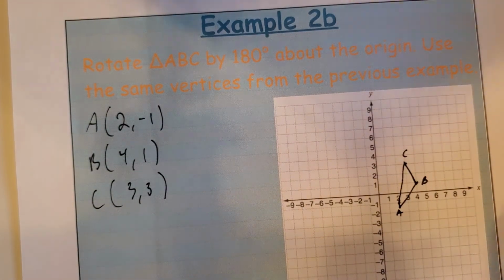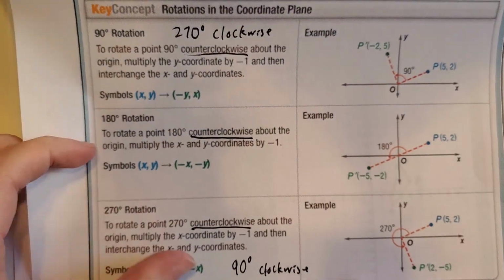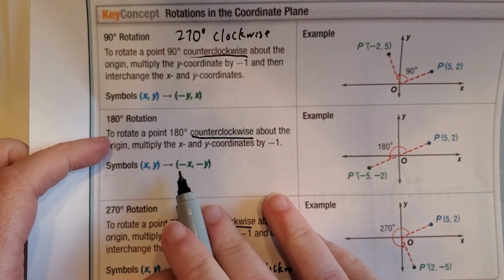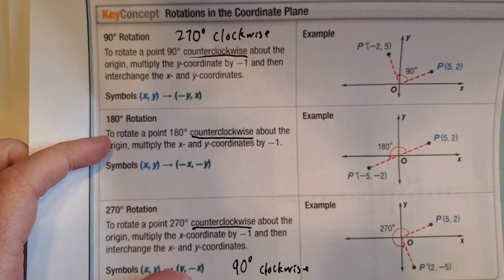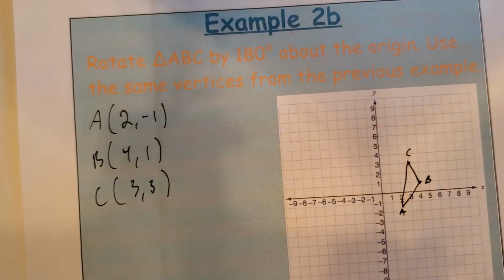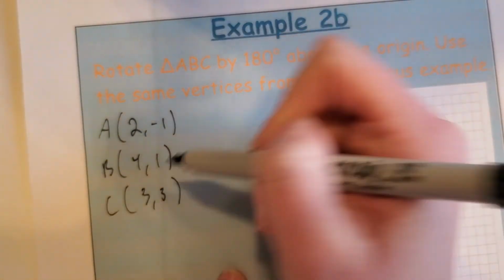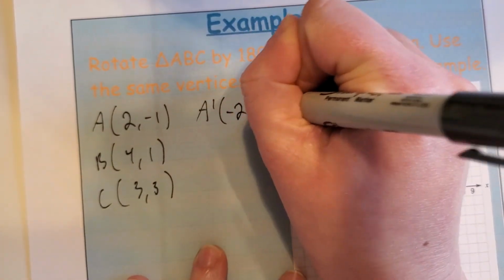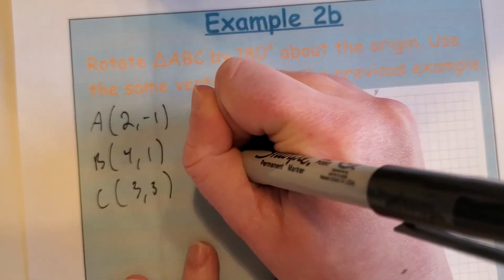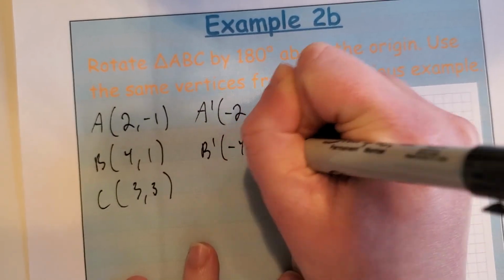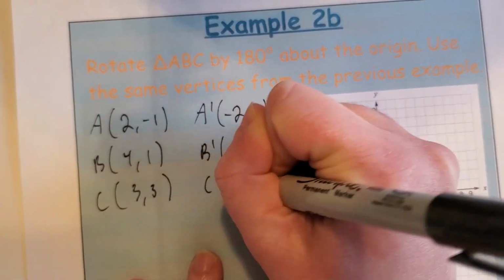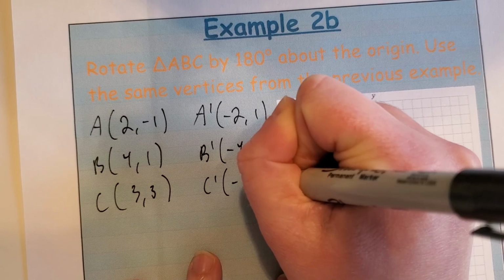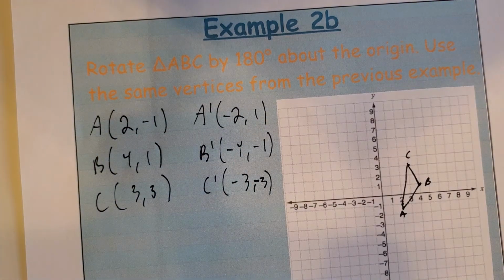I think the 180 rule is the easiest of the three because you're just leaving x and y where they are and just switching the signs for both of them. All right. So if these were your original ordered pairs, A prime is going to be -2, 1. B prime is going to be -4, -1. And C prime is going to be -3, -3.